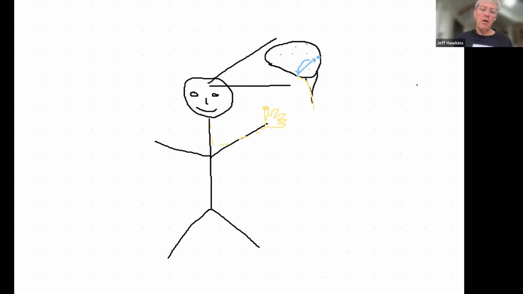If I take a column in the cortex, the learning module, the area of the fingertip that it represents is going to be quite small, where the area of the back of your back could be several centimeters.